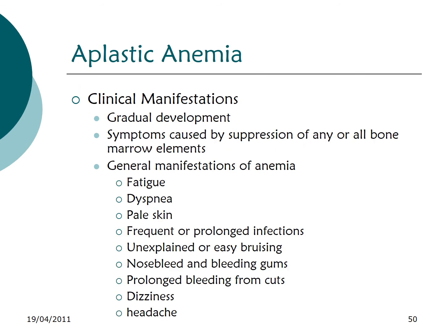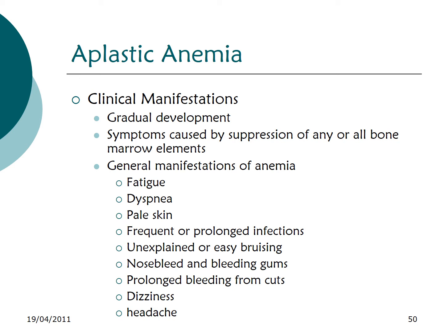So clinical manifestation: gradual development, with symptoms caused by suppression of any or all bone marrow elements. General manifestations of anemia are fatigue, dyspnea, pale skin, frequent or prolonged infection, unexplained or easy bruising, nosebleed, and prolonged bleeding from cuts.